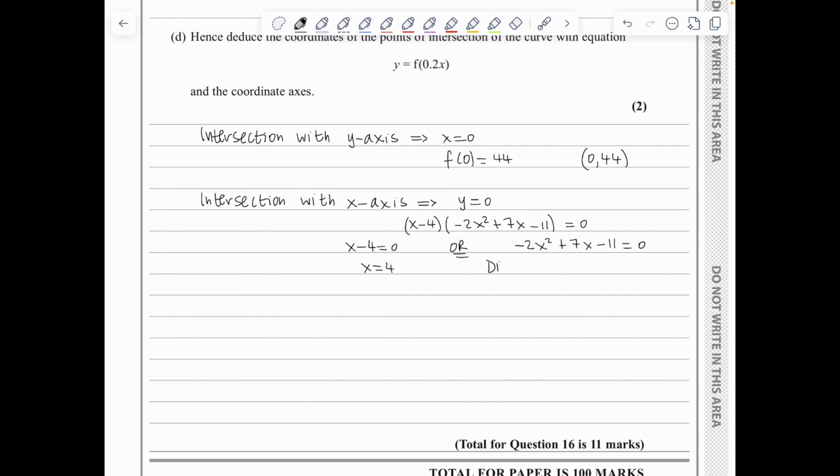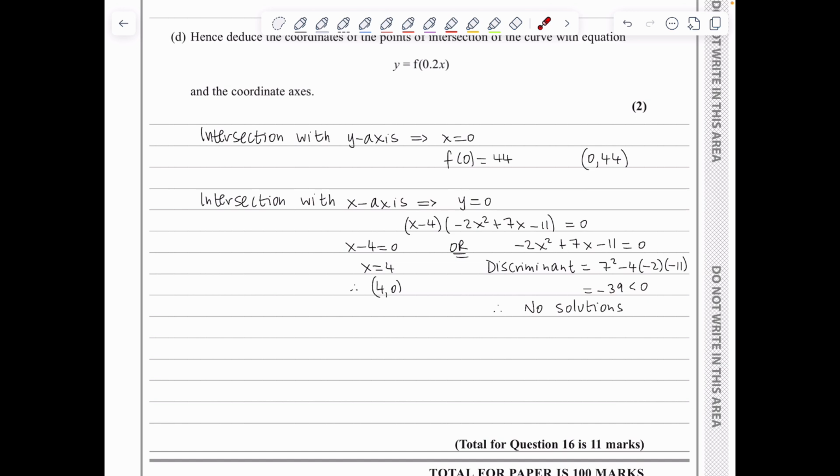So the discriminant is b squared minus 4ac. So in our case, it's 7 squared minus 4 times the negative 2 times the negative 11, which gives an answer of negative 39, which is less than 0. And therefore, we conclude that the quadratic will yield no real solutions. And therefore, the only cut on the x-axis is at the point 4, 0.